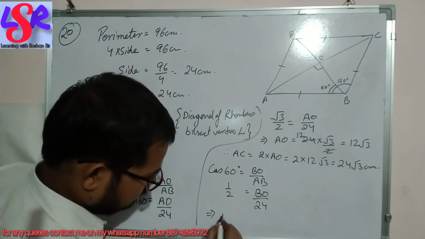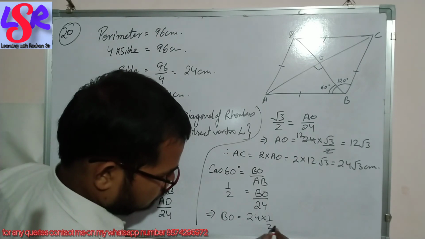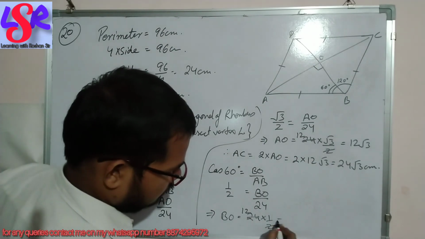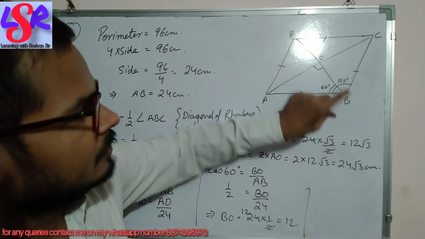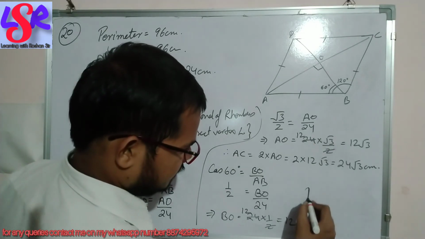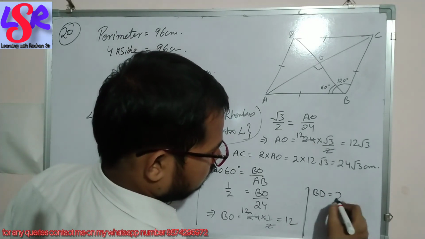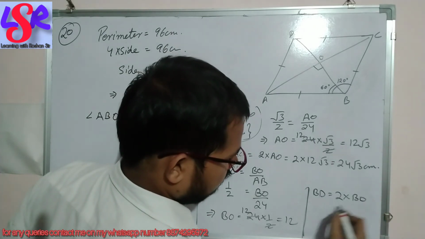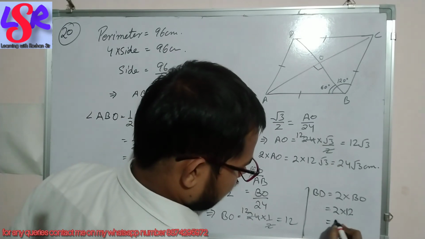That implies BO equals to 24 into 1 by 2. सॉल्व करने पर हमारे पास 12 आ गया and then this BD will be double of this BO because again the diagonals of the rhombus bisect each other. So BD equals to 2 into BO, that is 2 into 12 and that is equal to 24 centimeter.